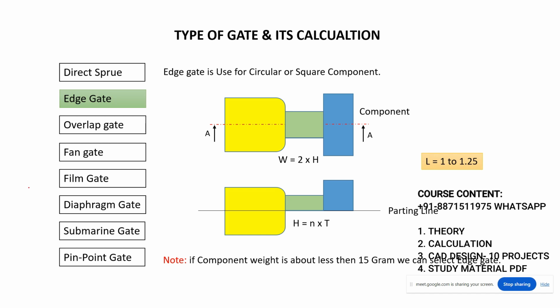Okay, understood or not? If we have a component of more than 15 gram, then what do we have to take? For example, if we have a component like this shape, this is not square and this is not circular. This has a rectangular shape like this. The width is, for example, 50 and the length is about 120. Then can we use edge gate here? If we are using edge gate, what will happen here?